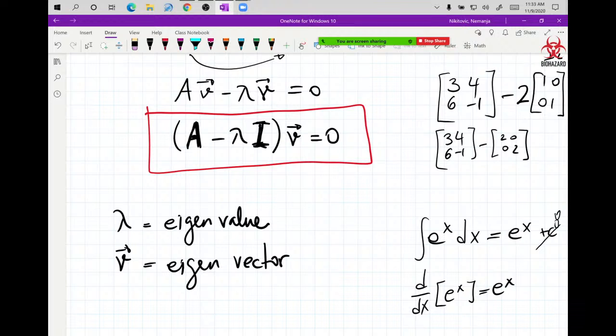So eigenvalue and eigenvector are going to be these very special values for your matrix A, under which that vector does not change under the transformation.